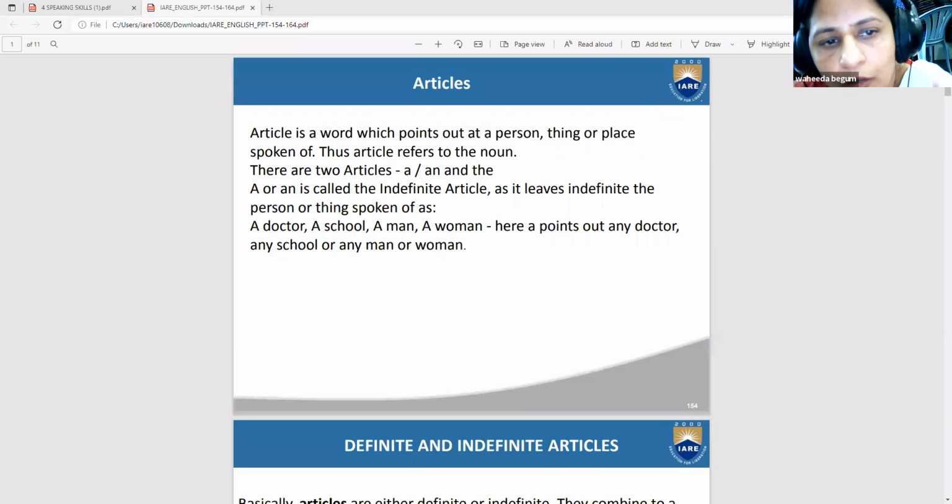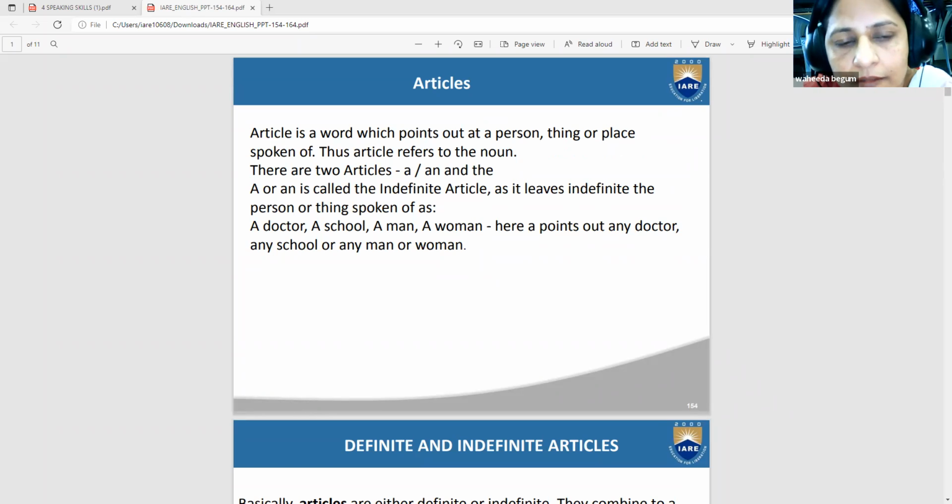There are two articles, a and the. A and an are used for singular only, and a and an is the indefinite article, and it leaves the person or thing spoken of as indefinite.